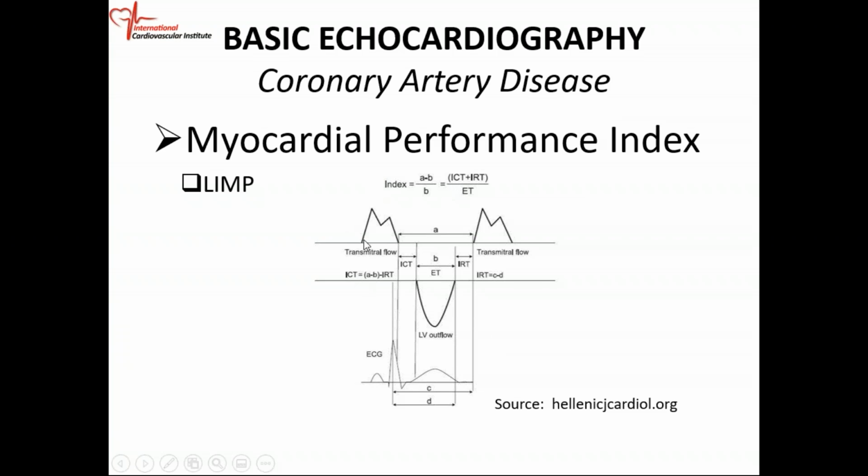So when you do your mitral inflow at the mitral leaflet tips, you know that this is your mitral inflow. You get your E velocity, then your A velocity, then the mitral valve closes. When the mitral valve opens, blood is sucked in from the left atrium to the left ventricle, and you get your E velocity.